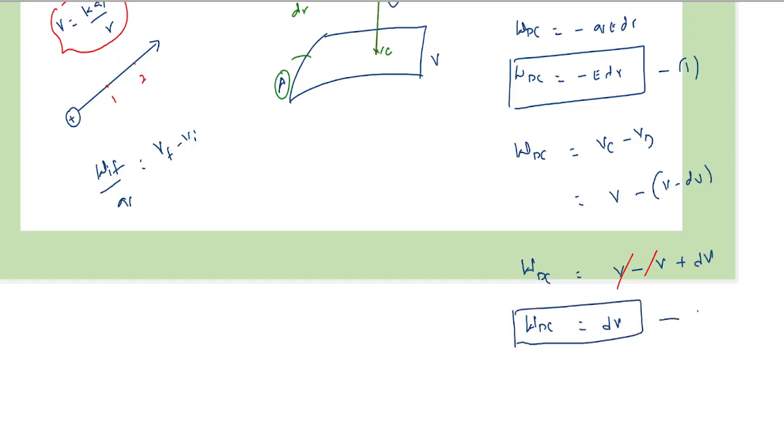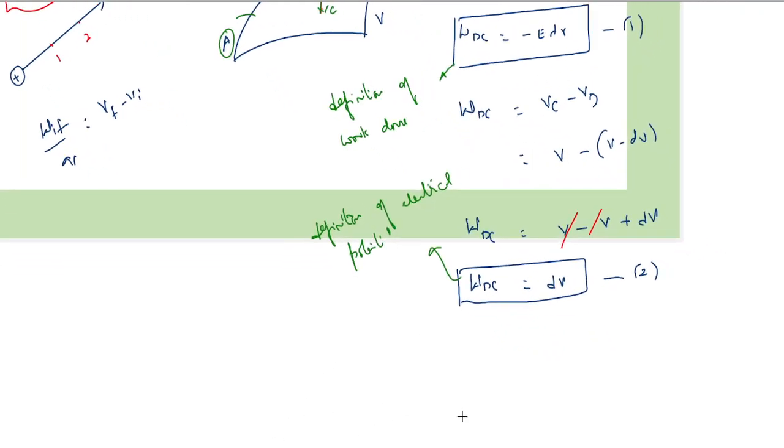Keep in mind that we obtained 1 from the definition of work done, and we obtained 2 from the definition of electric potential. We obtained them in different ways, but both are work done only.